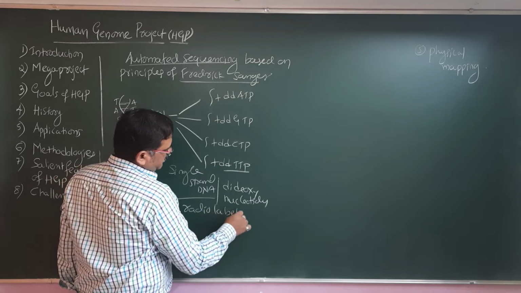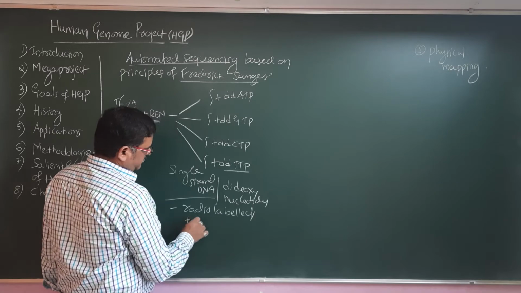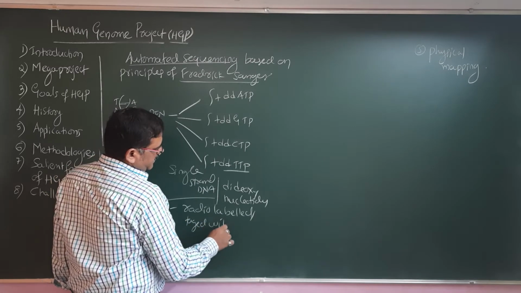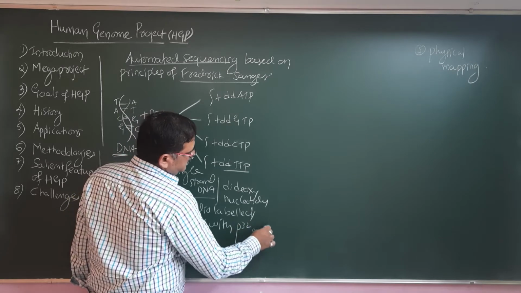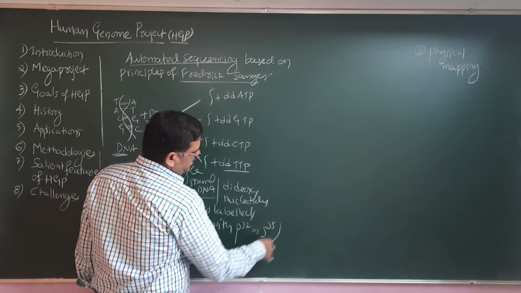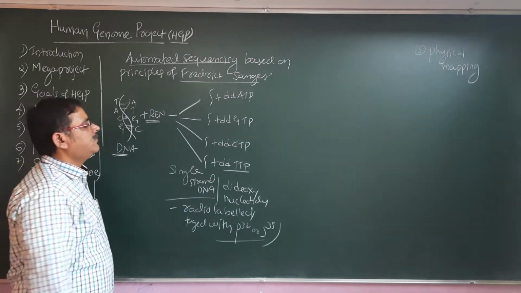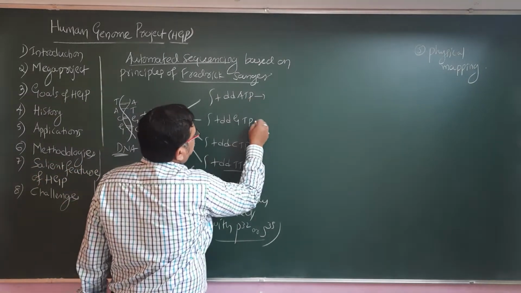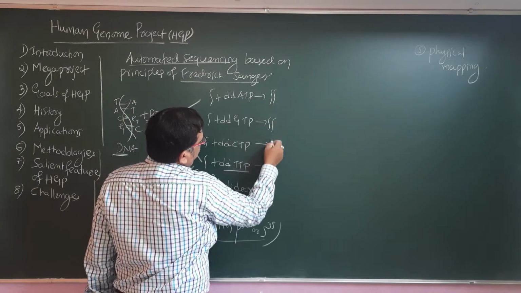What is this radio labeling? They are tagged with P32 or S35, which are radioactive elements. What will happen now? They will form double stranded or hybrid DNA.